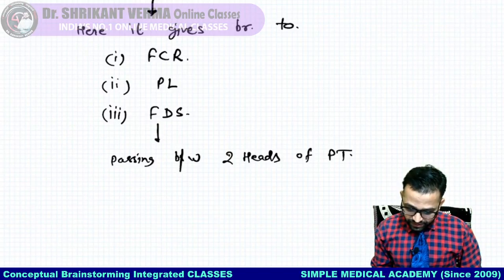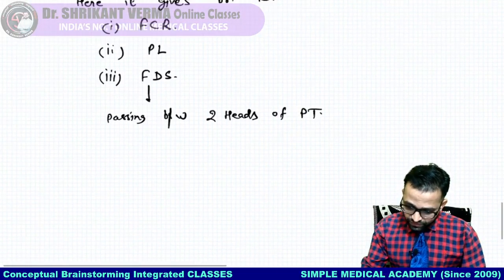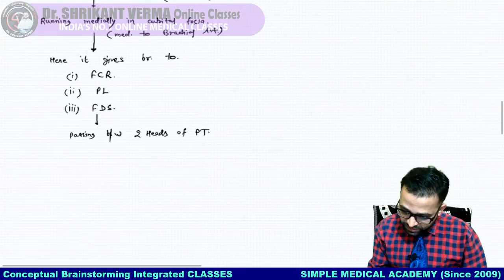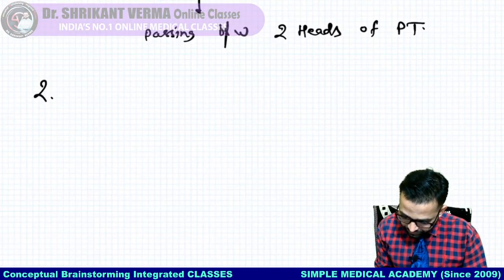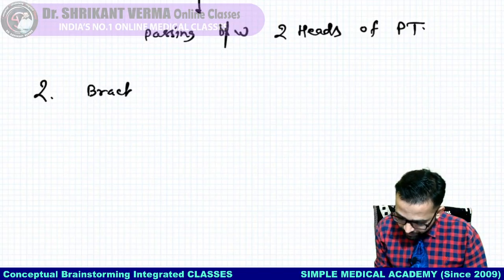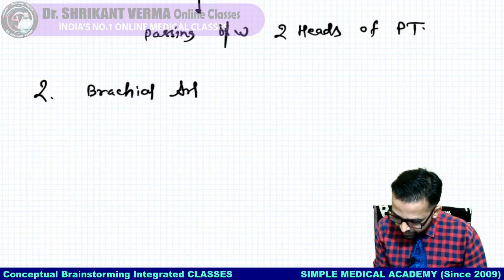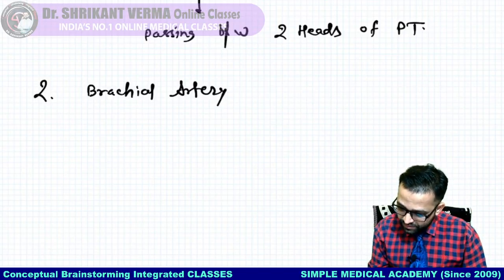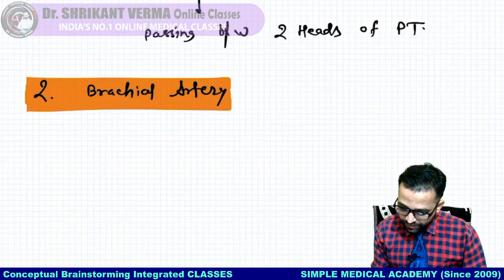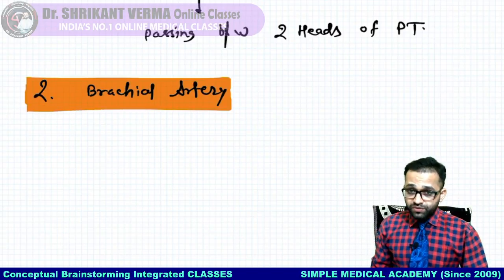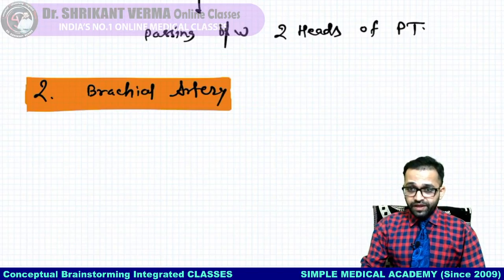Next, after this, we are going to look at the second structure, that is our brachial artery. So try to understand what points we can remember for the brachial artery.